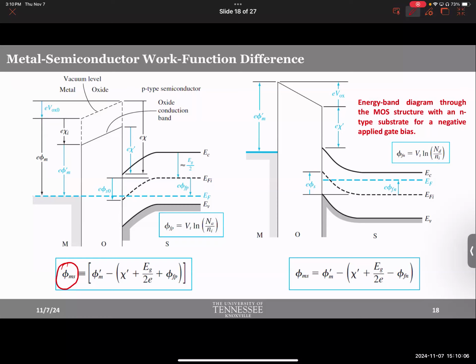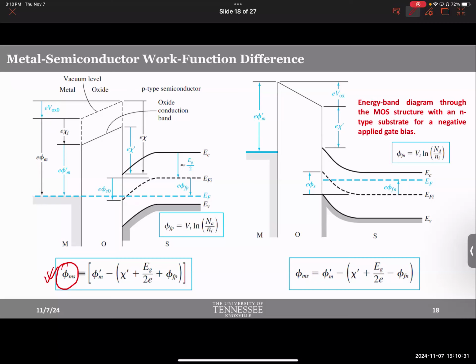If there is no work function difference, no bending. If there is a work function difference, when you try to flatten out the Fermi level, there will be bending in the band. Okay, so by calculating the phi ms, you can calculate the amount of bending. Once you pre-calculate the amount of bending, you could also calculate what you need to do to flatten the band before you begin operation. That's called the flat band voltage.